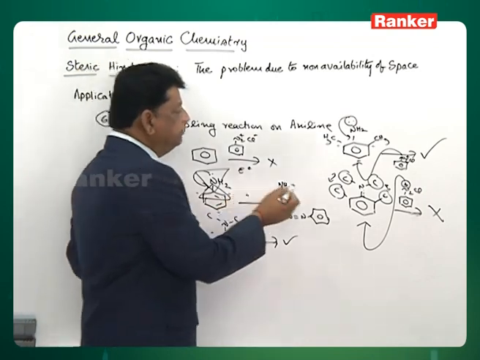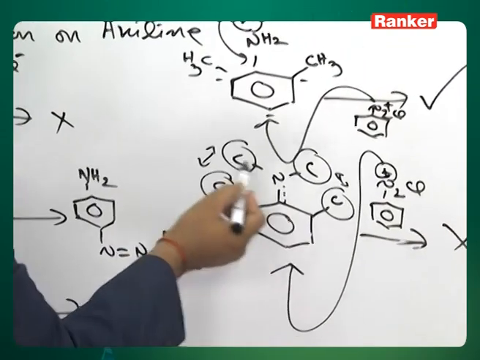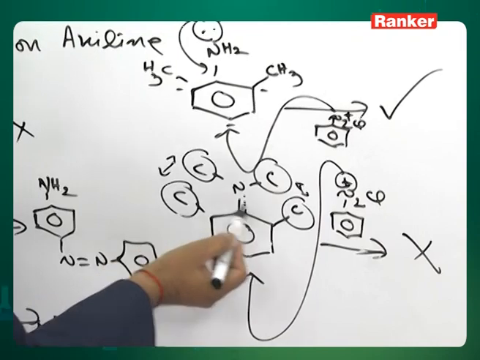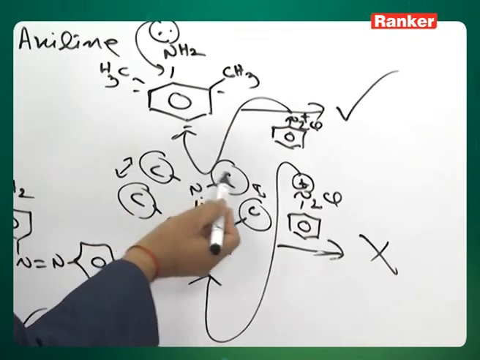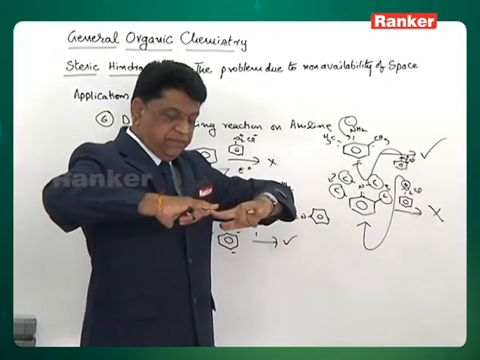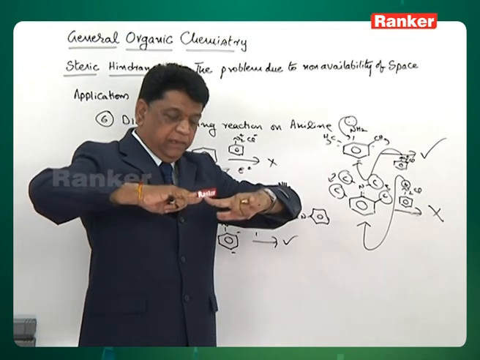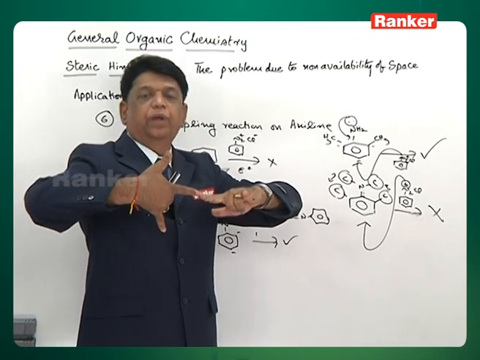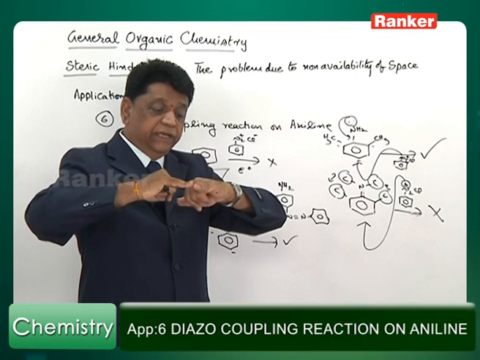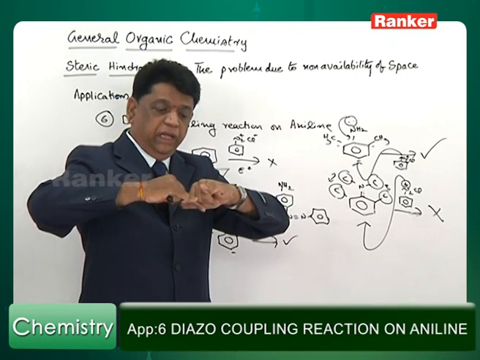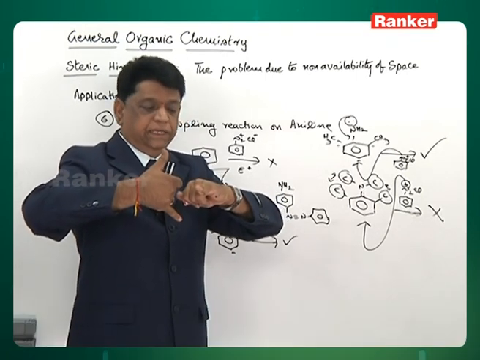But because of this steric hindrance between the ortho groups and the N groups, the two planes, the nitrogen plane and the benzene plane, rotate perpendicular to each other. Because of the steric hindrance of the two methyl groups, they rotate perpendicular to each other.